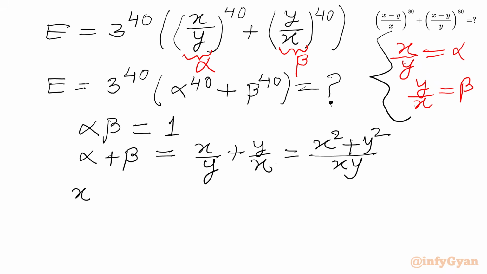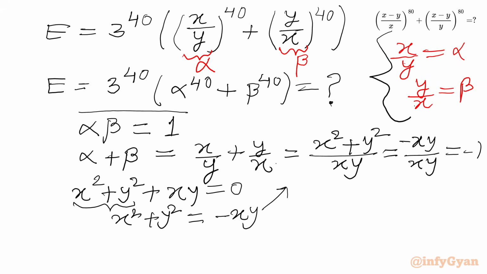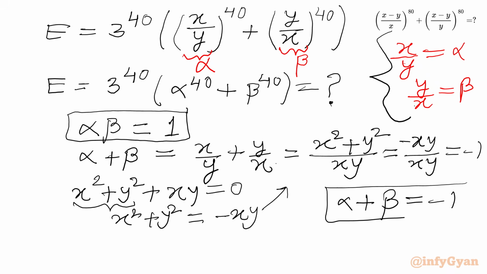Now one equation was given to us, x square plus y square plus xy equal to 0. From here x square plus y square will be equal to minus xy, and this value we are applying over here. So we can write minus xy over xy. So alpha plus beta will become minus 1. So we have alpha beta equal to 1 and alpha plus beta equal to minus 1.